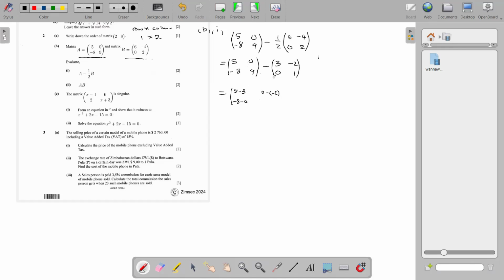Then we have 9 minus 1. This will be equal to 5 minus 3 is 2. Minus 8 minus 0 is minus 8. Then 0 minus 2 is a positive 2 because 0 minus and the minus gives plus. 9 minus 1 gives an 8. This becomes the final answer.